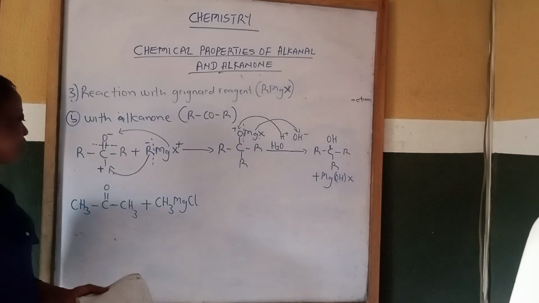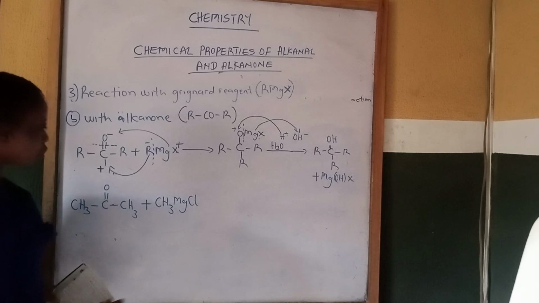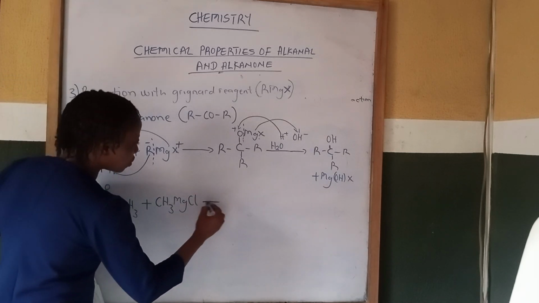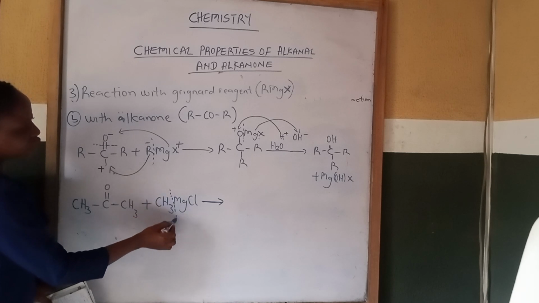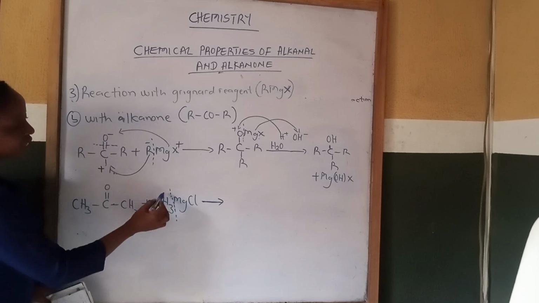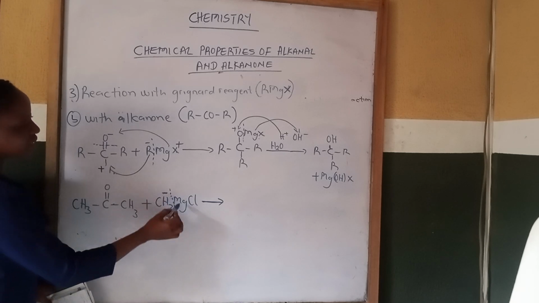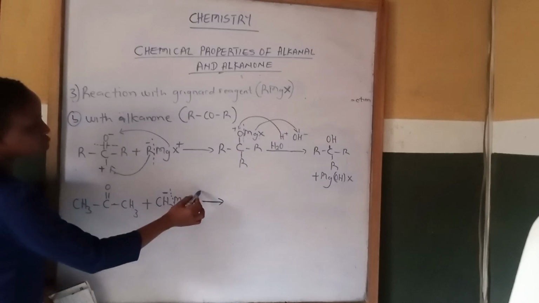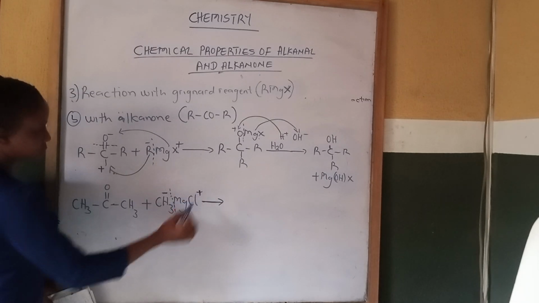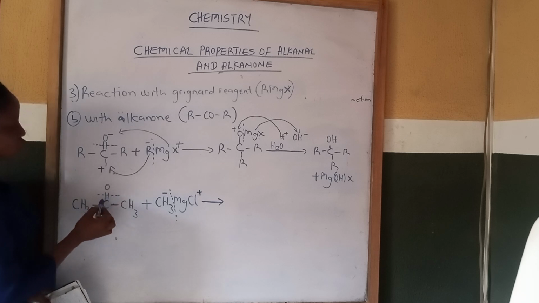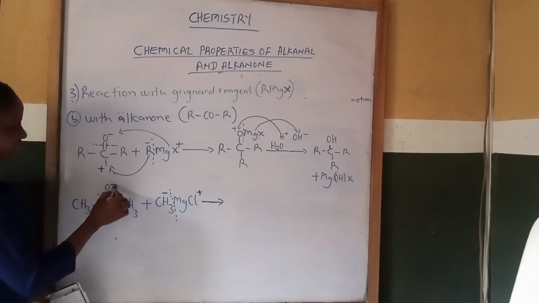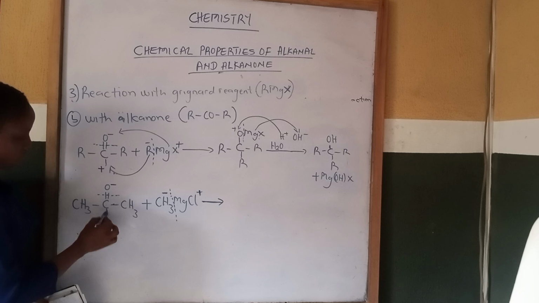because X can be any halogen. It can be any halogen. So what will be our product for the first stage? The Grignard reagent will split into CH3, which is negative, and MgCl, which is positive. Then the double bond will also break, and oxygen will be negative. So one of the bonds will now come down.